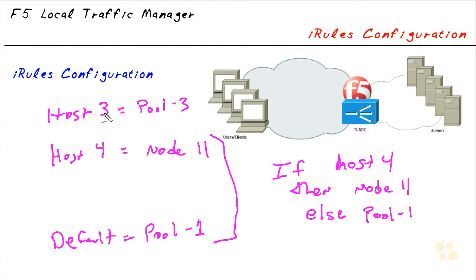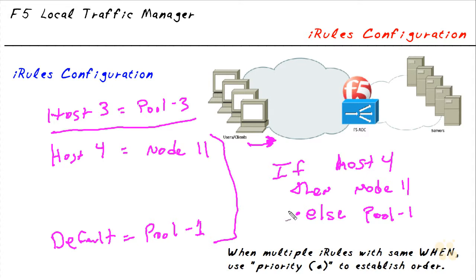If I create a new rule and tell host 3 to go to pool 3, where am I going to do it when I've got logic that says this? That's the catchy part. I'm going to have to do it up here. And most importantly, I'm going to have to not have an else statement in my next iRule, because otherwise we're going to start overriding the logic. You have to remember, it's going to follow them in order. If you remember seeing on that page where the iRule was, you can move up and move down. But with that, I have to start thinking through all of the logic that I'm actually going to apply in here. So let's go ahead and play with that and see what we can do.